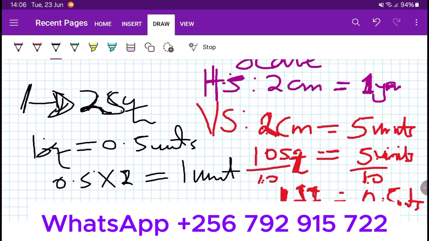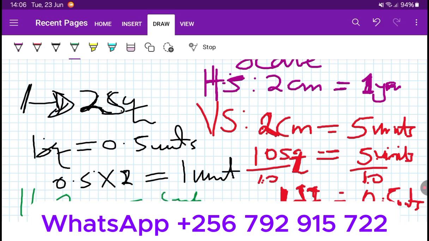So we've seen that in the information that we have been given, we have figure 11. And for this figure 11, we have said that 2 centimeters are going to be equaling to 5 units.